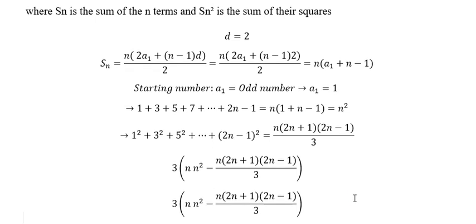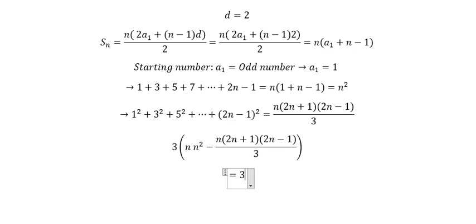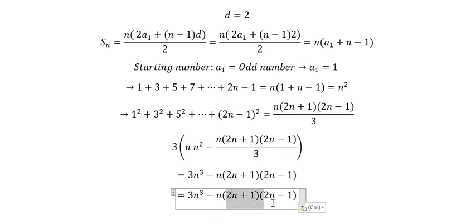So 3 multiplied by this one and this one. So we simplify like this. This one, we have 4n square minus 1.